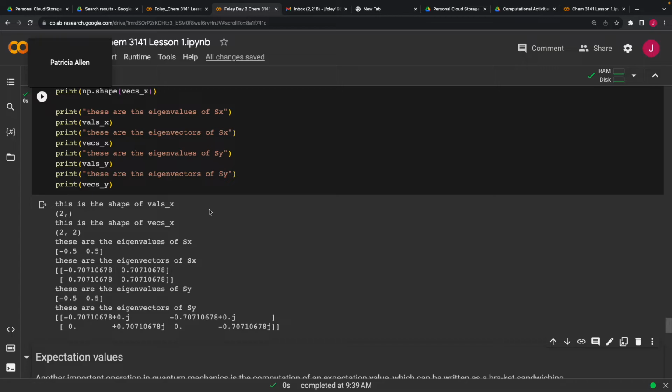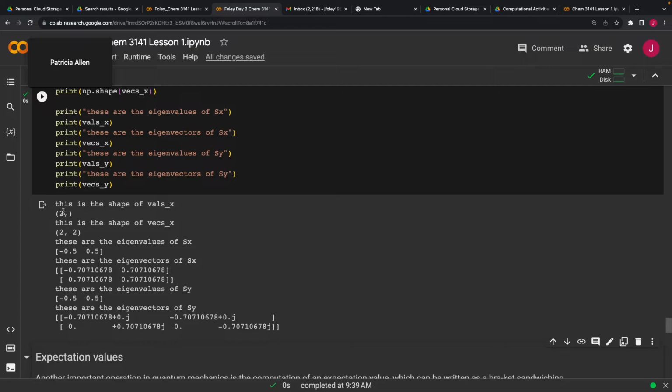Although it seems actually at odds with what we have, because it looks like we have two columns. I'm confused by that actually. The eigenvalues have just 2 rows, but then when we print, it looks like it has 2 columns.